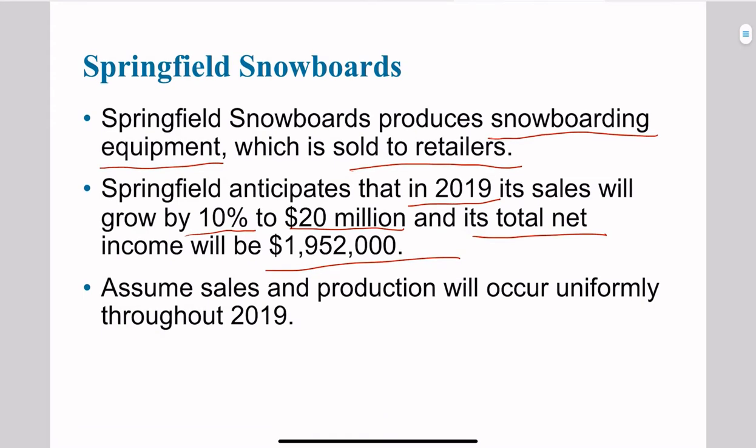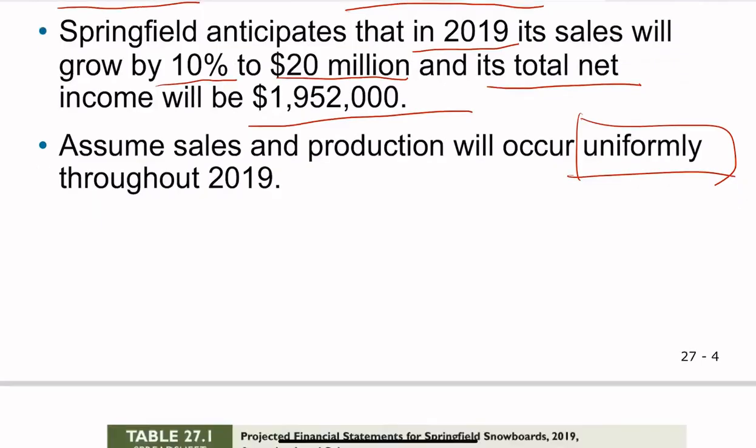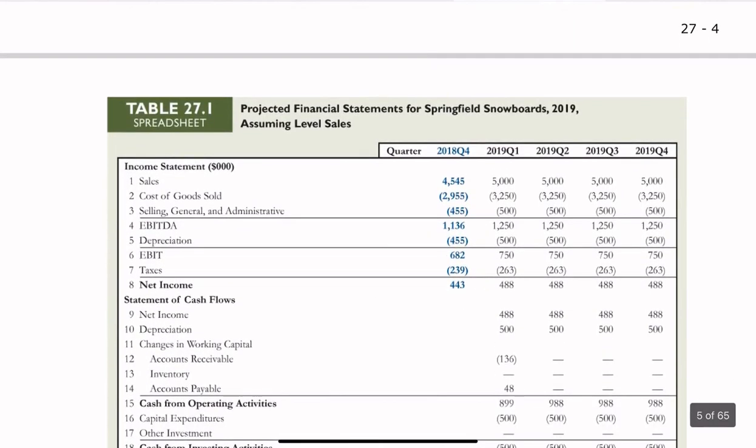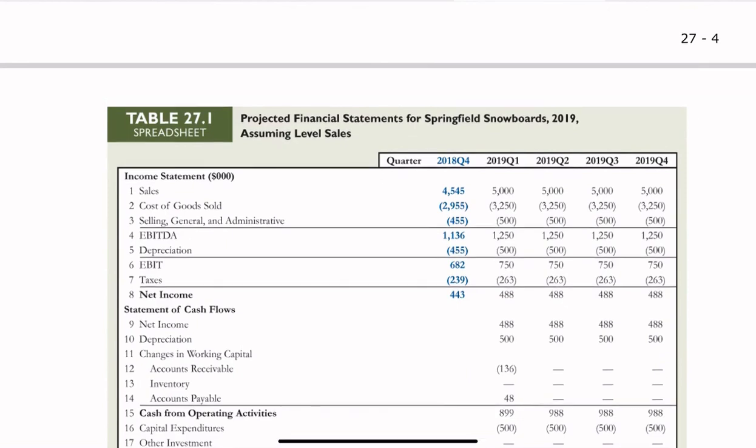Now we assume sales and production will occur uniformly in 2019, and you will see what this uniformly means. Okay, now let's see this firm's income statement and statement of cash flows. So what you can see here is the firm's sales in Q4 increases from 4,545 to 5,000, right?